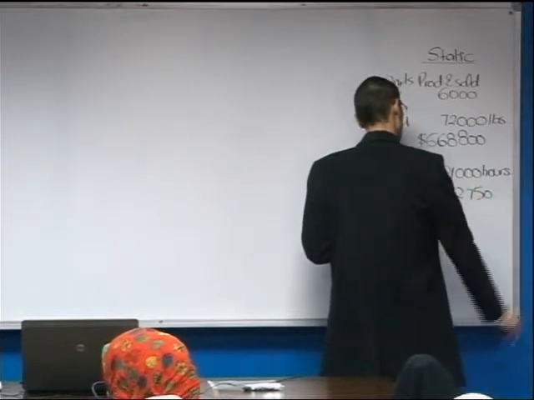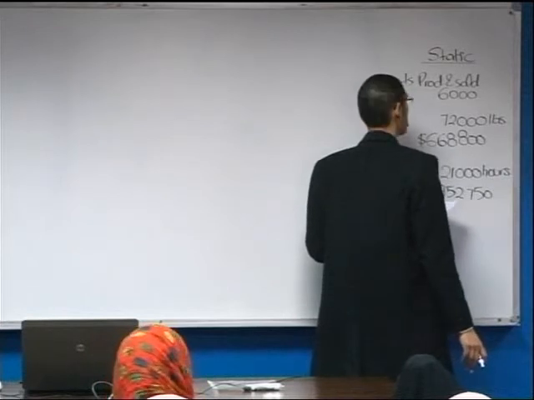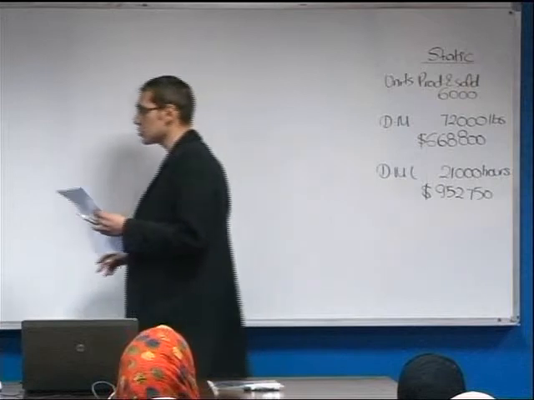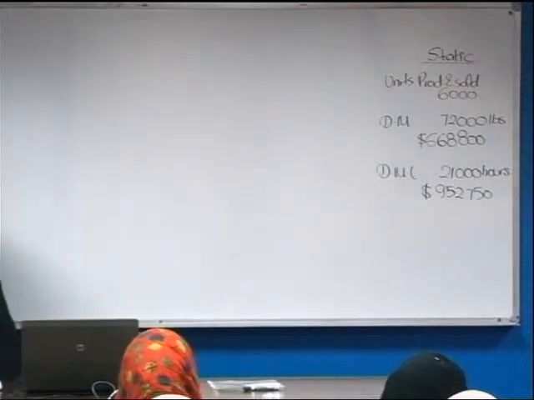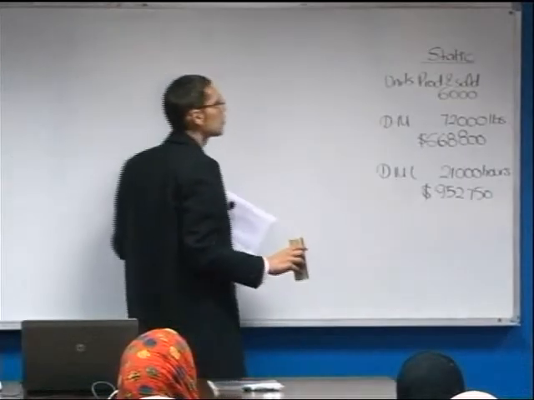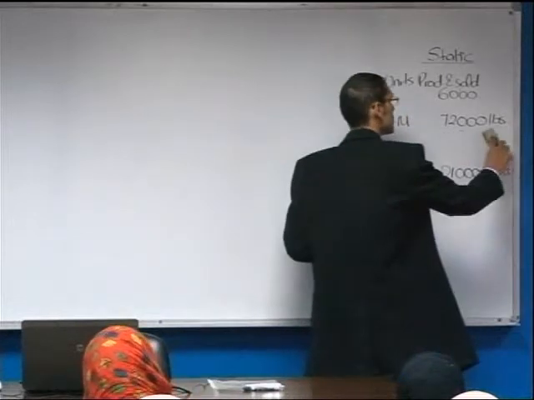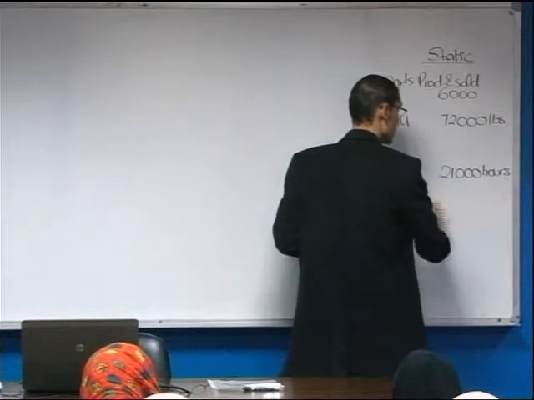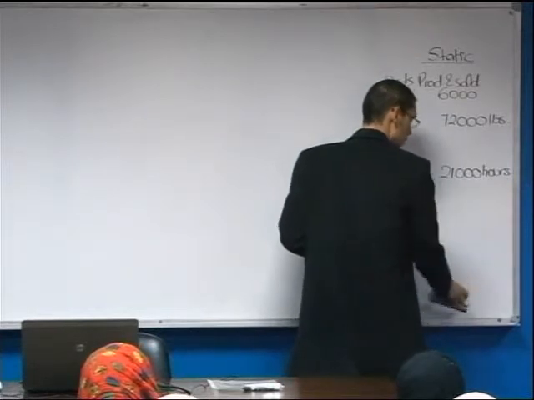These are the actual numbers. I'm talking about the static budget, which is the budgeted amounts, not the actual amounts. The 6,000 is correct, but this number is the actual number for direct materials, and this is the actual number for the direct manufacturing labor.